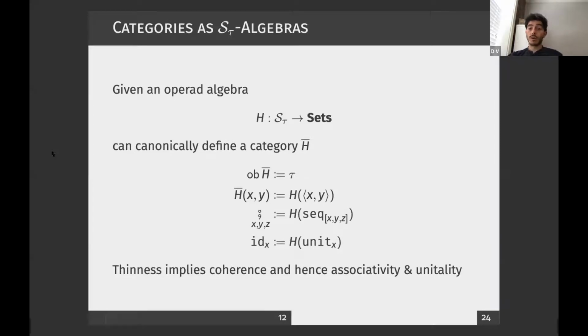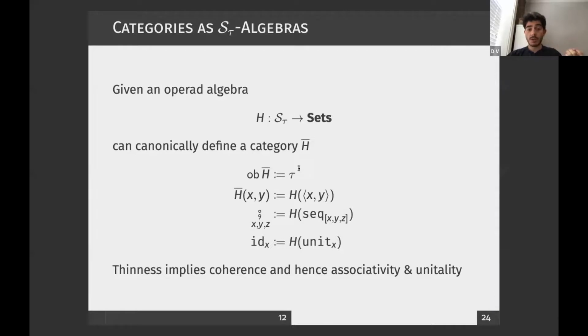Furthermore, we can even define a category in terms of an S-tau algebra. And what do I mean by an algebra? Well, an operad can be seen as a type of symmetric monoidal category if we view the operad as coming from an SMC where the morphisms with multiple inputs correspond to tensoring the inputs. So this would just be a symmetric monoidal functor to the Cartesian category of sets.